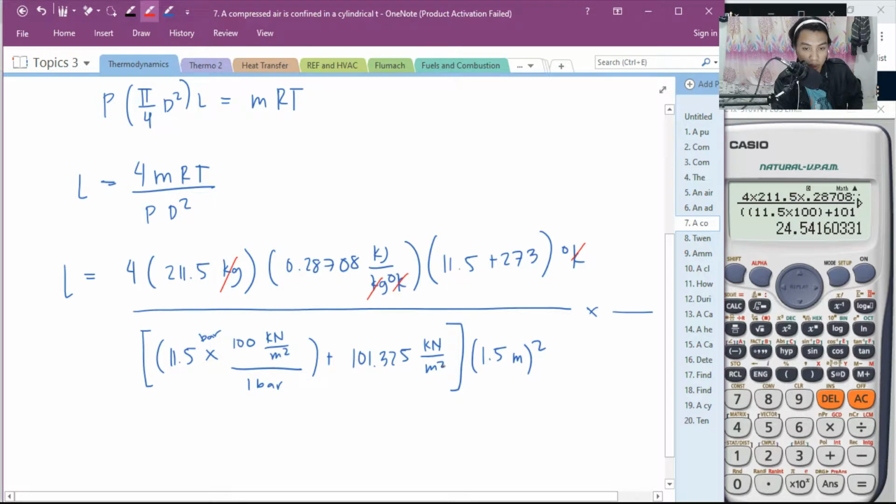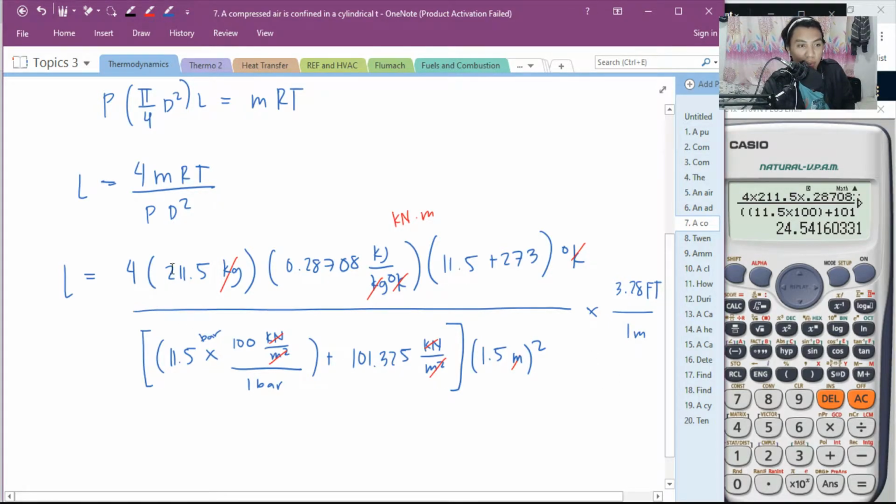Okay, length ang hinahanap. Kilojoule, kilonewton meter, cancel yung dalawang meter squared dito. Meter, meter, meter, kilonewton and then kilonewton. Tapos i-multiply natin ng naka-feet, 3.28 feet per 1 meter.